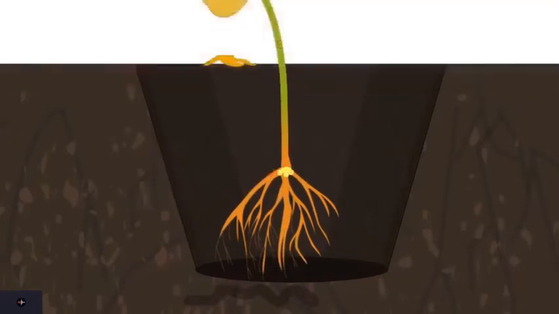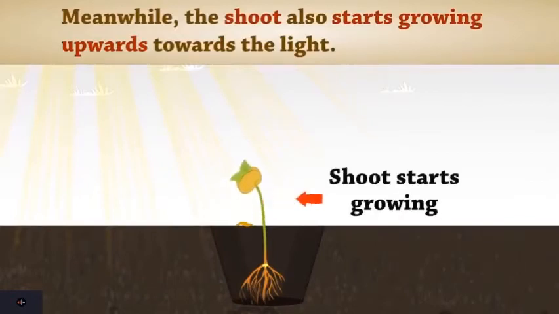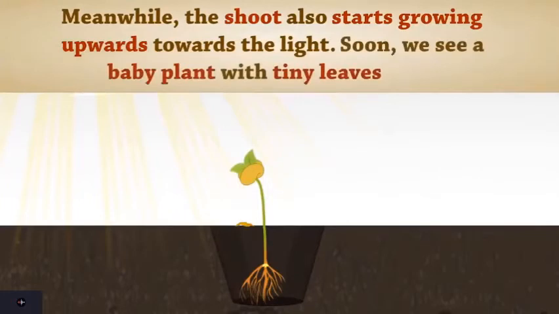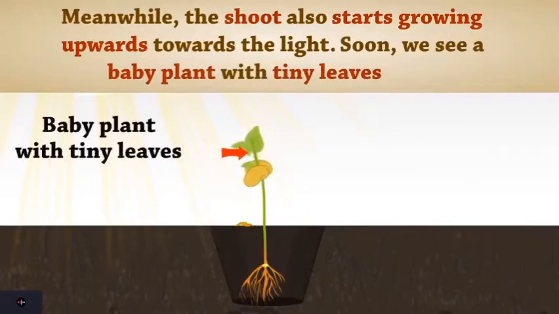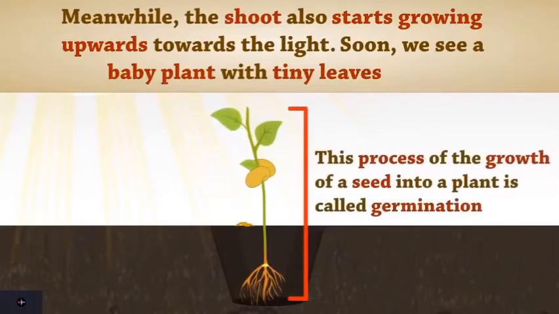And it also searches for more food and nutrients from the soil. Meanwhile, the shoot also starts growing upwards towards the light. Soon, we see a baby plant with tiny leaves. This process of the growth of a seed into a plant is called germination.